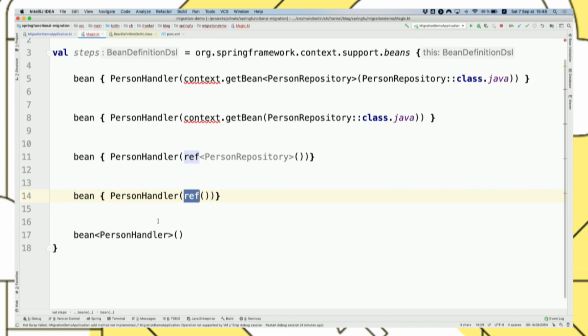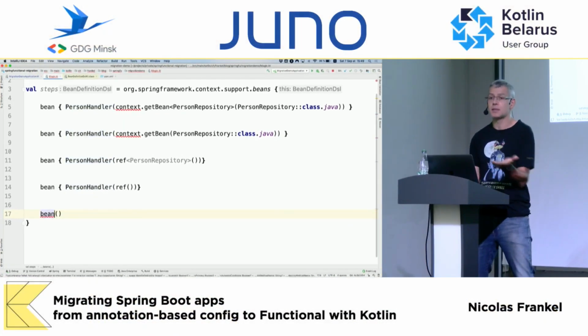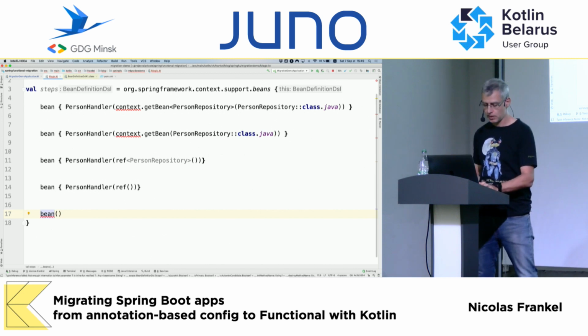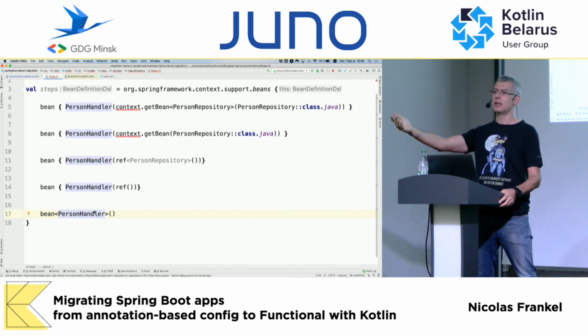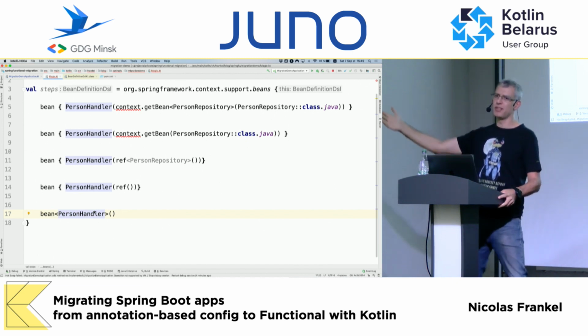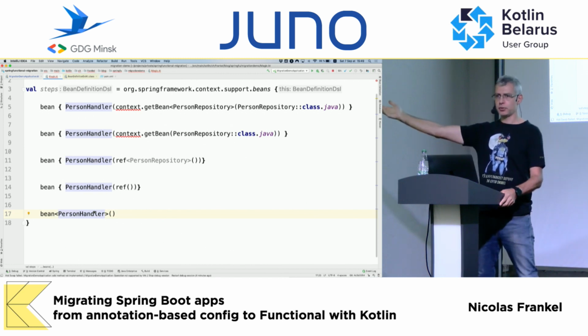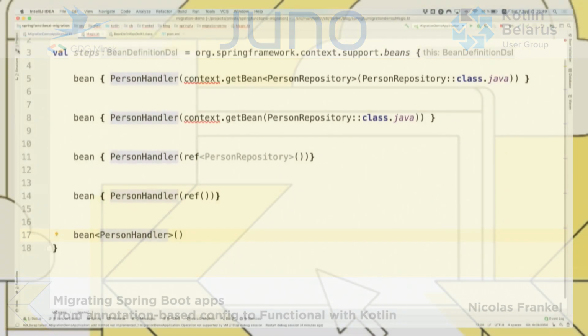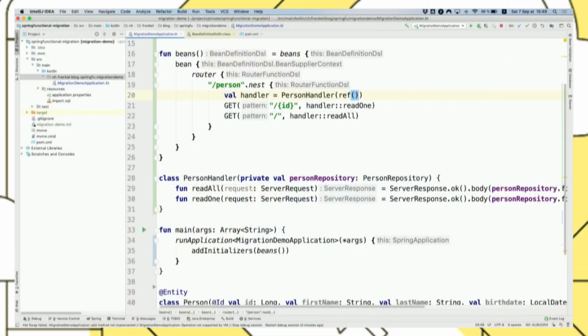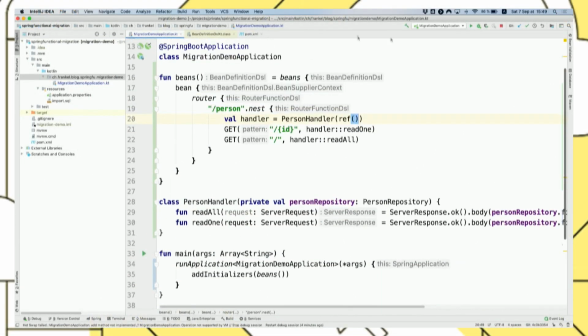And now the next point, if we really, really want to be smart, is we will create a bean, and here, we need to specify which type it is, because otherwise we have no clue, and especially the compiler has no clue. And then it will call the constructor of the person handler, and because the constructor of the person handler needs a bean of type person repository, it will be injected when it's needed. Everything is good? Yeah, because the first time I saw that, I said, okay, so it works.